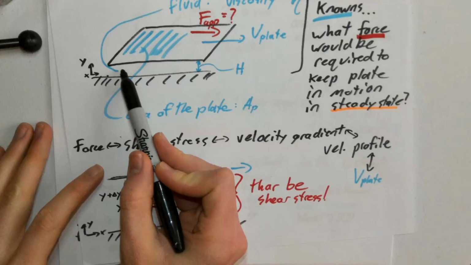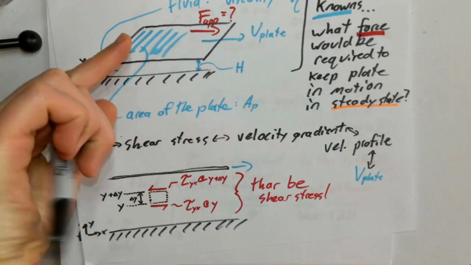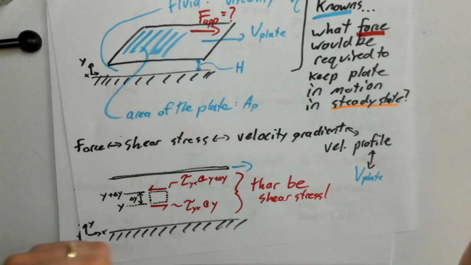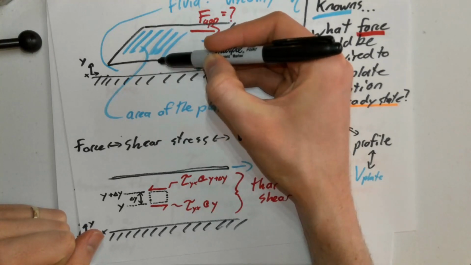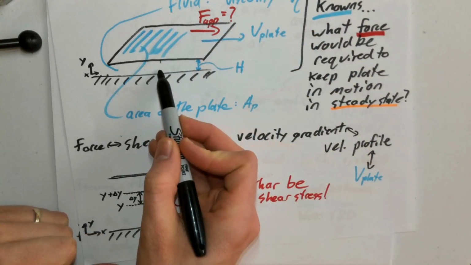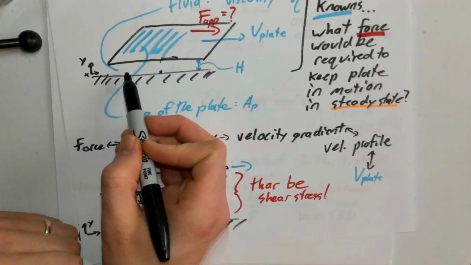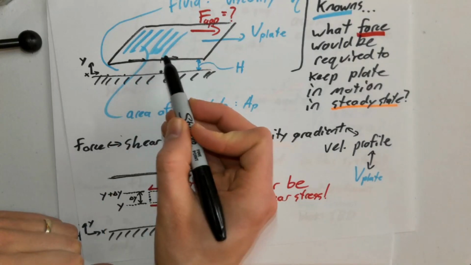And this is kind of reasonable. We don't expect x velocities to vary too much in this part of the plate versus this part of the plate. All those fluid particles are going to be moving along in the same direction. But we do anticipate a lot of variation of the velocity in y. The particles down here won't be moving at all, the particles close to the plate will be moving very fast, but the particles right here have got to be moving the same speed as the particles over here.